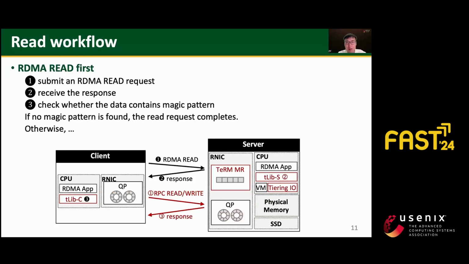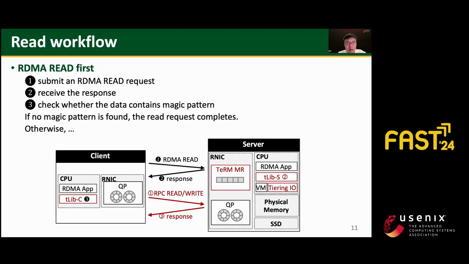We show how TeRM serves remote memory read based on TeRM MR. Step 1. As a client-side application submits a read request, tlibc submits an RDMA read request to the server-side RNIC. Step 2. tlibc receives the response data. Step 3. tlibc checks whether the data contains magic pattern.